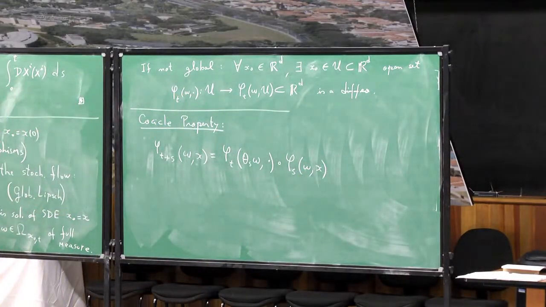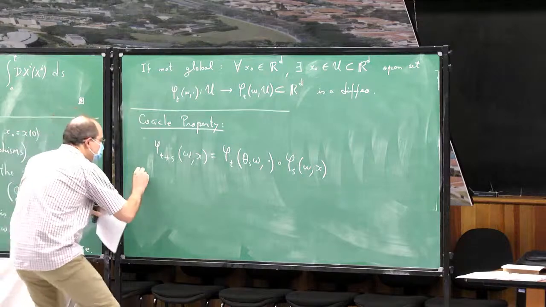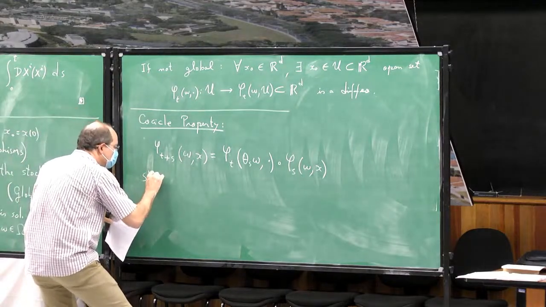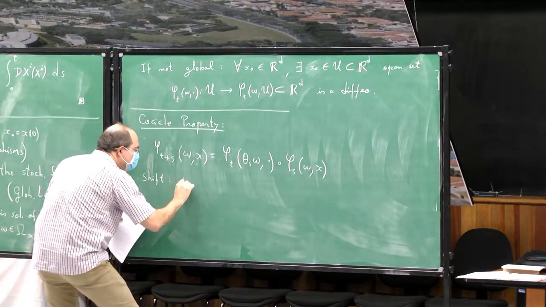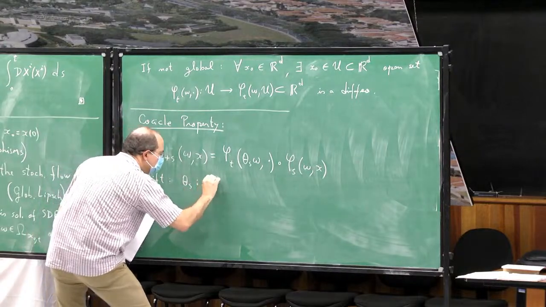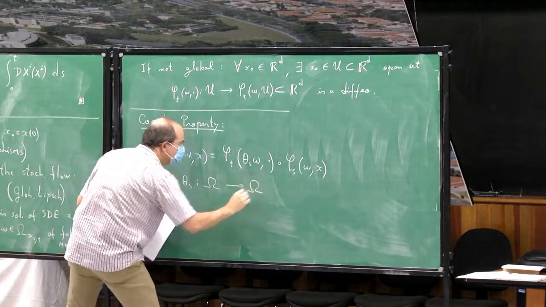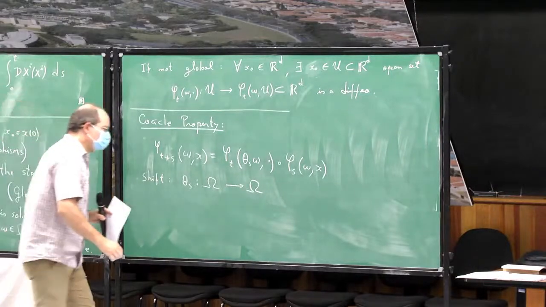Again, in a set of full measure. This theta s is the shift, which goes in the probability space.